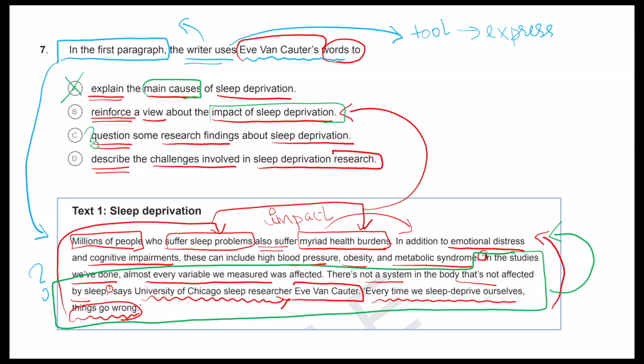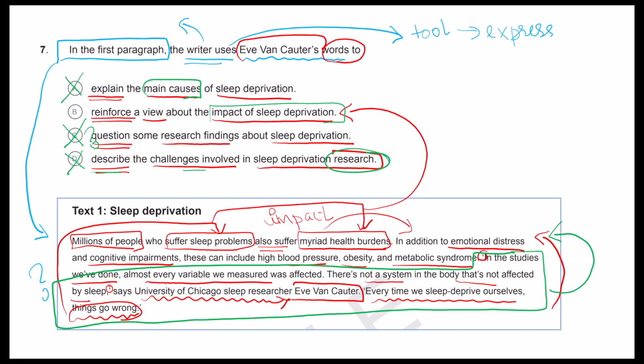Question some research. Is it asking questions? Is it opposing something? No. Actually, the first half and the second half both support each other. So it is not questioning or opposing. So we can eliminate option C. Does it describe the challenges in the research? No, there is no mention of research at all. Which means option D can also be eliminated.